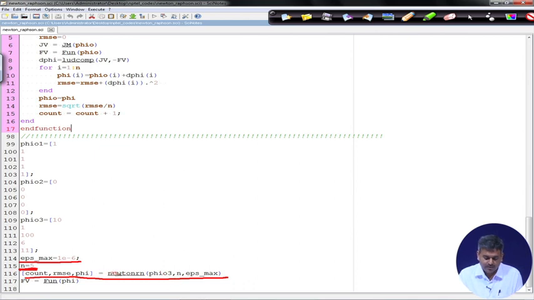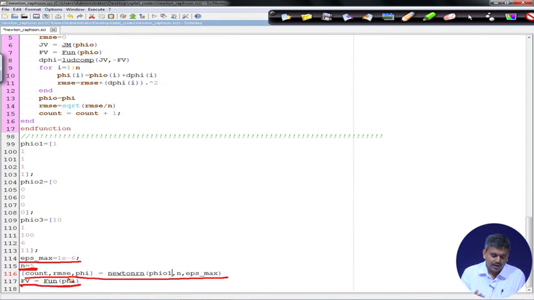with values. Let us start with phi O1, that means the first guess, which is 1 1 1 1 1, that means all values are 1, and finally we are calculating this FV or FUN, that means the function value.